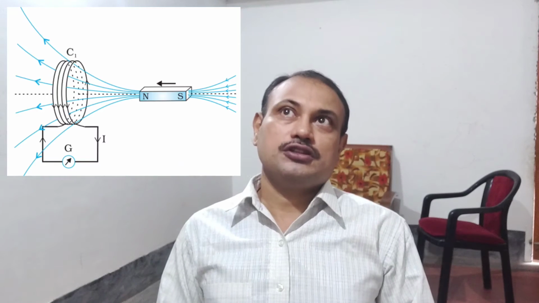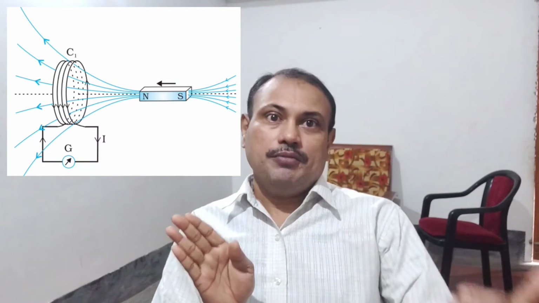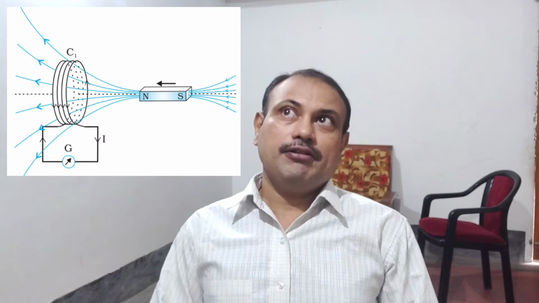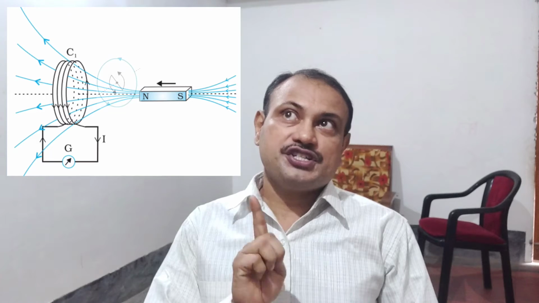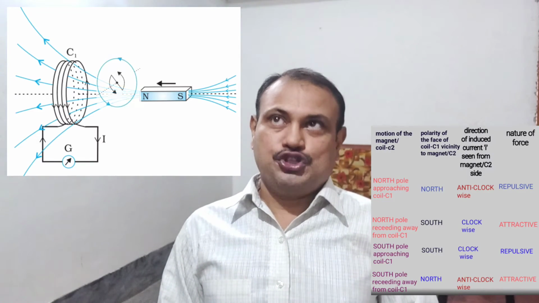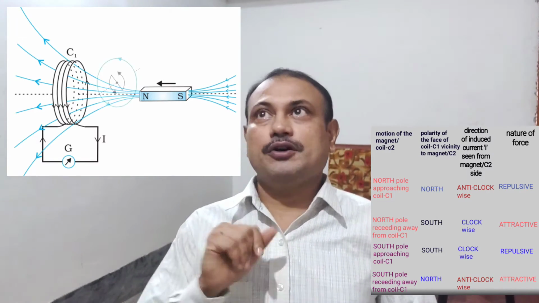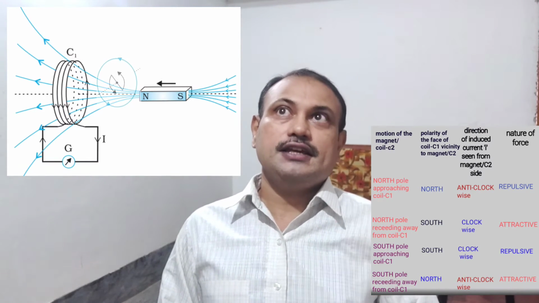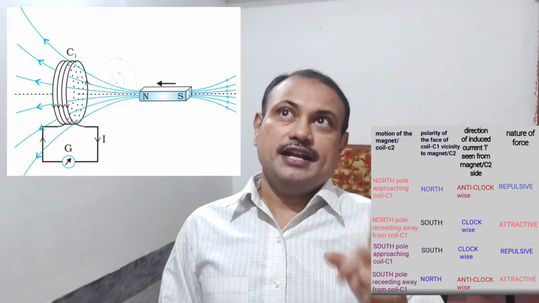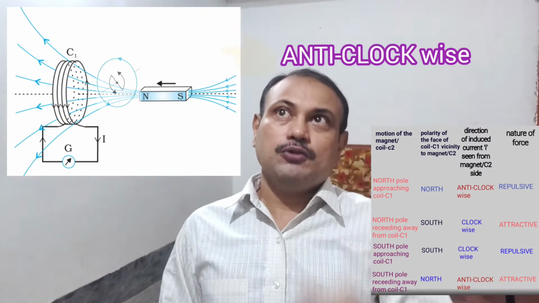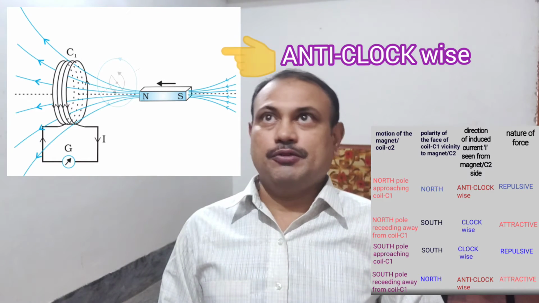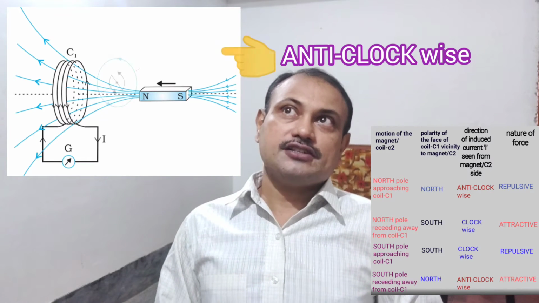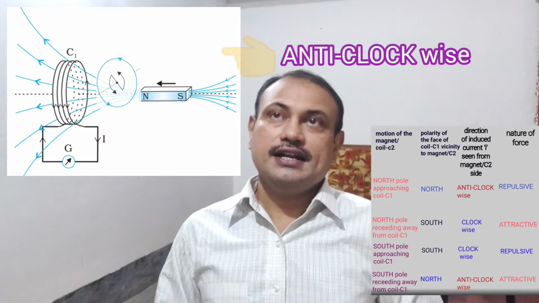And how can the coil oppose the approach of the north pole? It will develop a north pole towards the approaching north pole of the bar magnet. That is possible whenever a current flows in the coil such that, when you stand on the magnet side and look at the coil C1, the direction of the current appears anticlockwise, so that it will oppose.